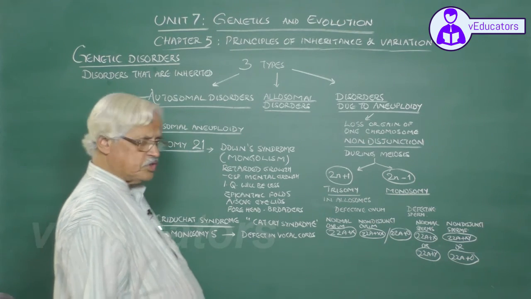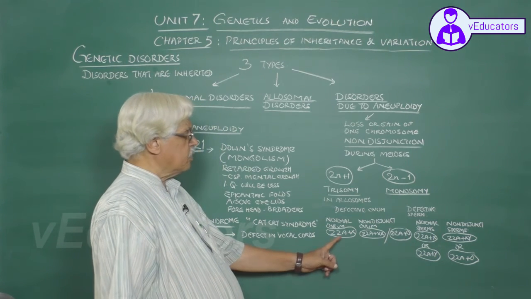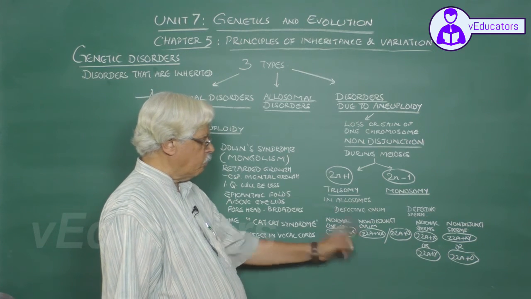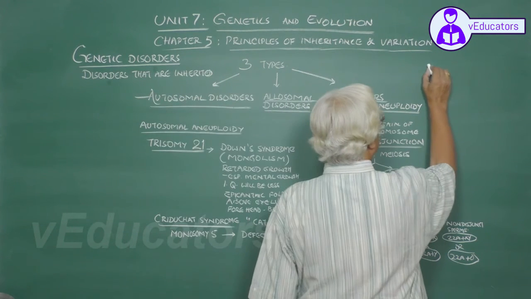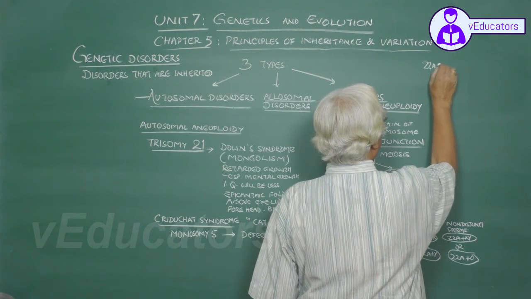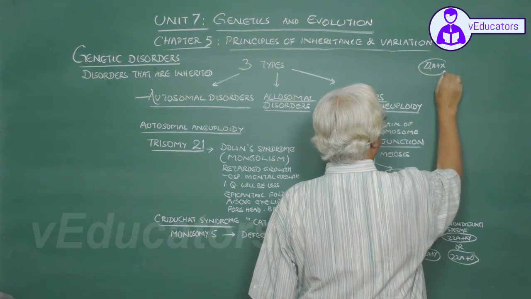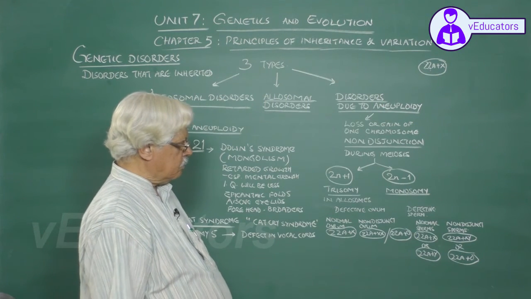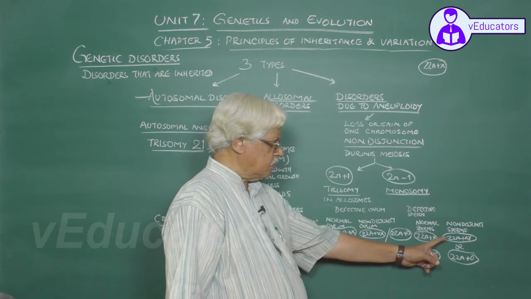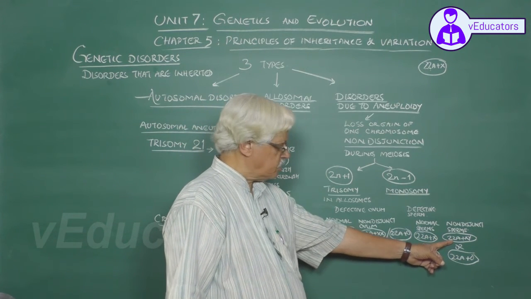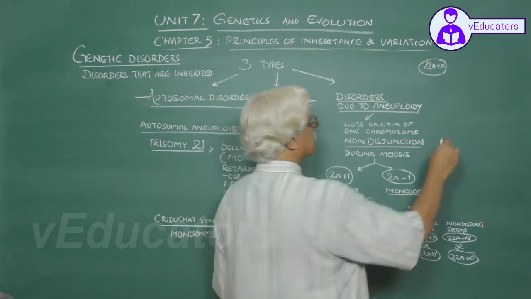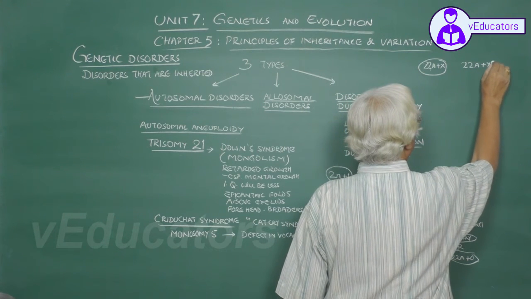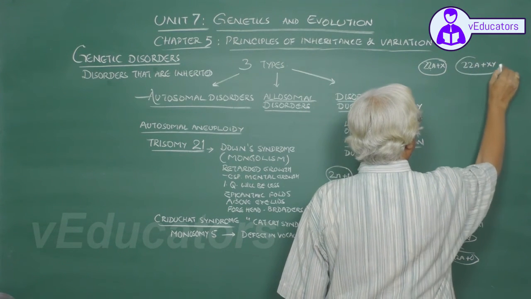Now look at this situation. The ovum is normal, 22A plus X. Ovum is normal, but let us assume that the sperm is non-disjunct, 22A plus XY.